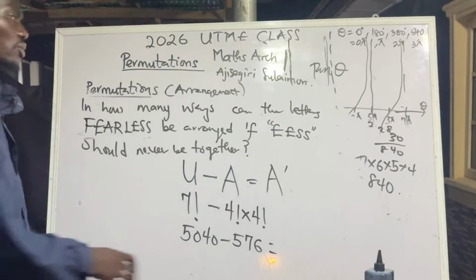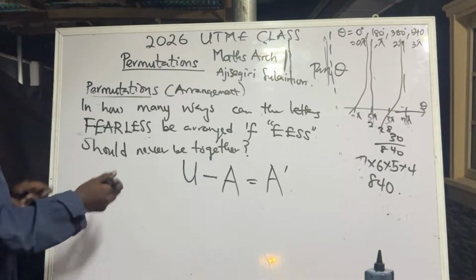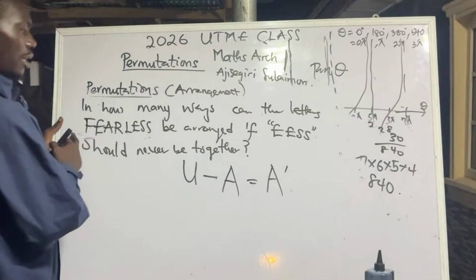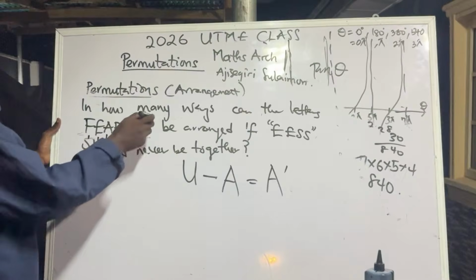Okay? It's still this concept we have to use. We say, one, in how many ways can we arrange this normally? 1, 2, 3, 4, 5, 6, 7, 8.